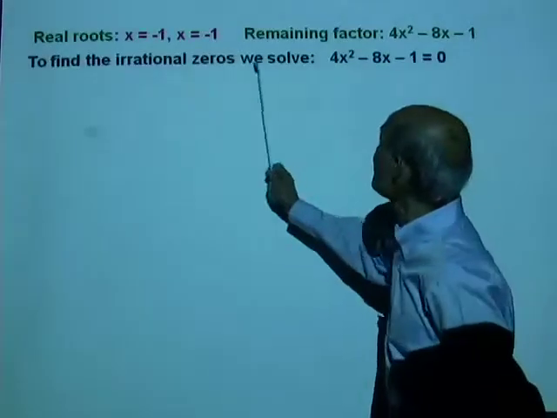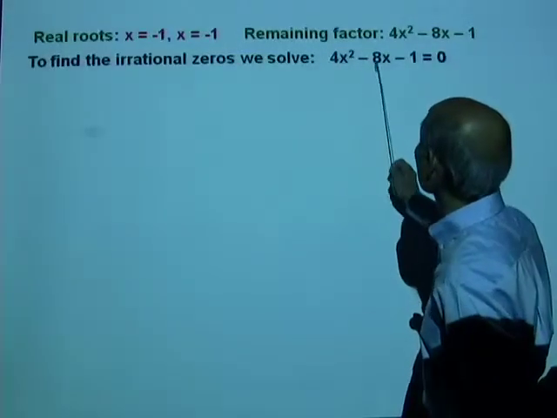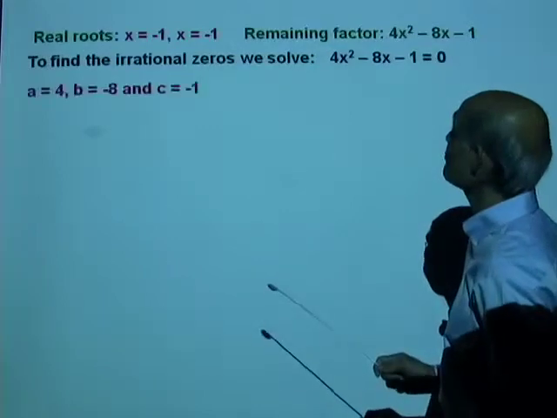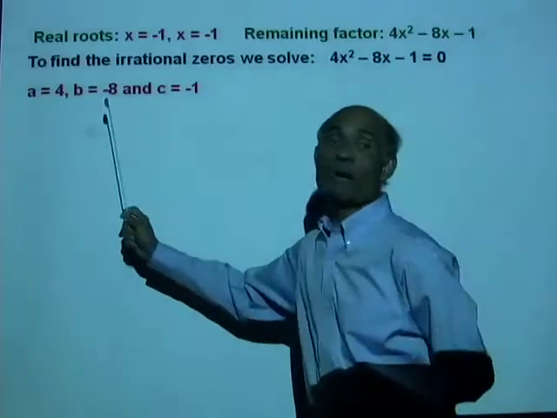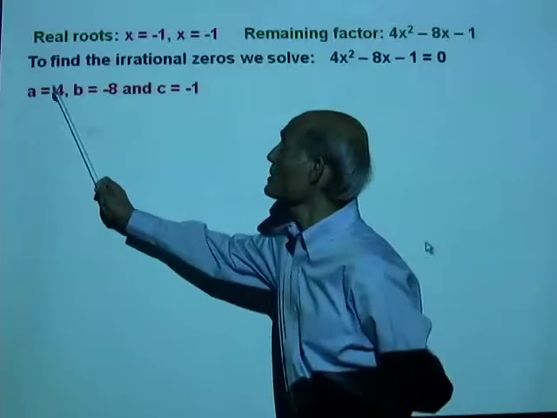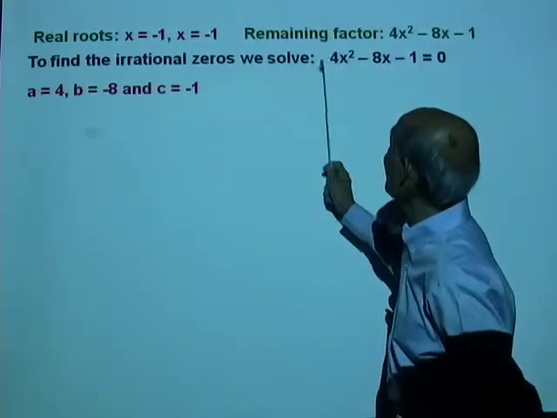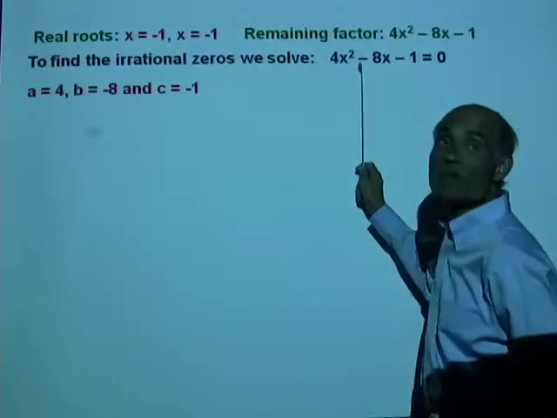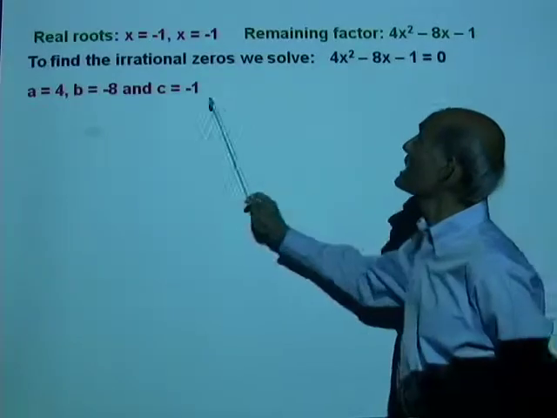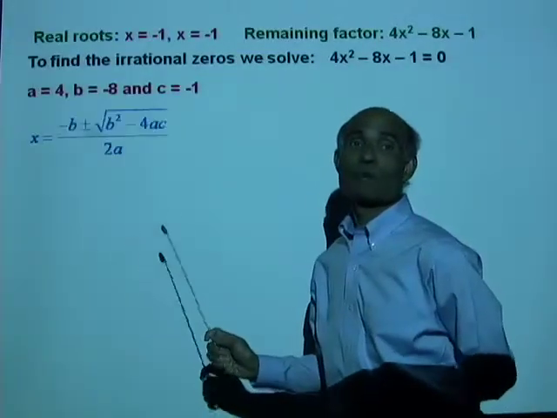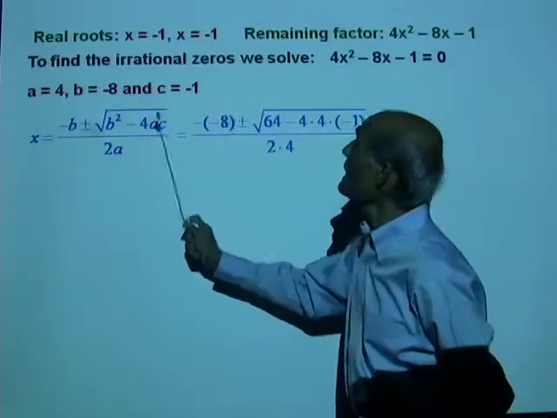Alright, to find the rational zeros, we solve 4x squared minus 8x minus 1 equal to 0 by using the quadratic equation. A equal to 4, B equal to negative 8, C equal to negative 1. And use these values there.